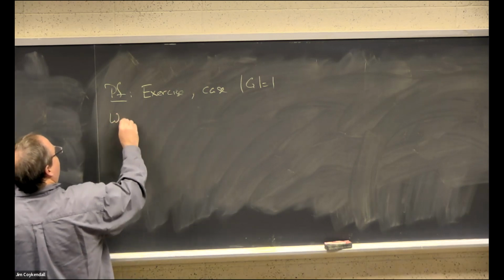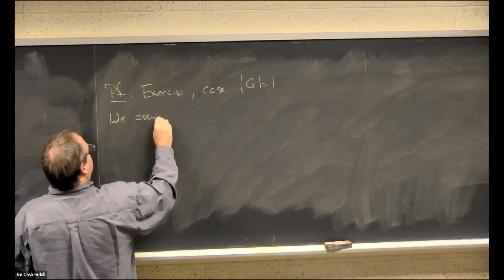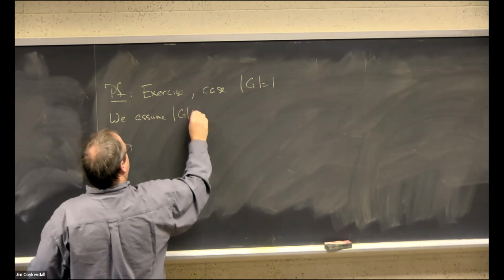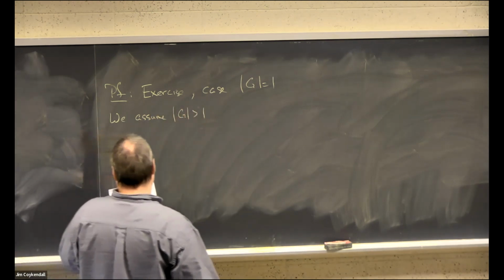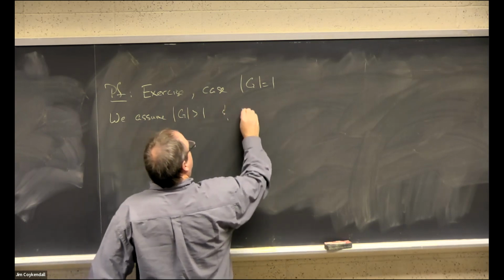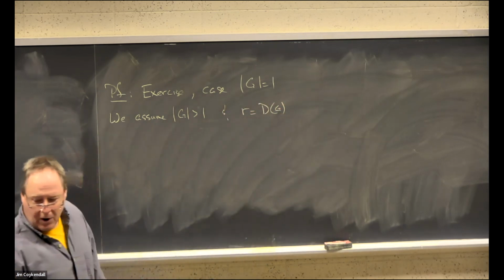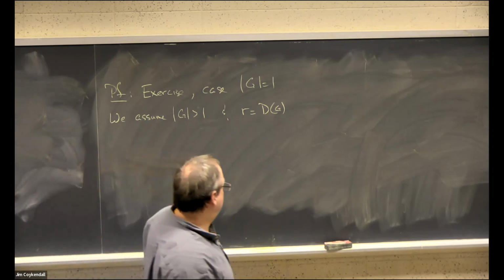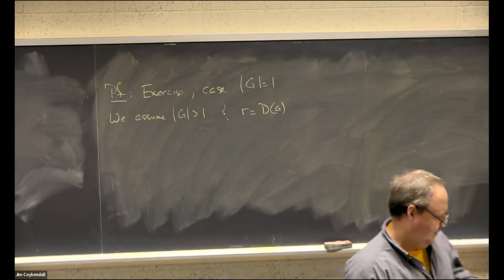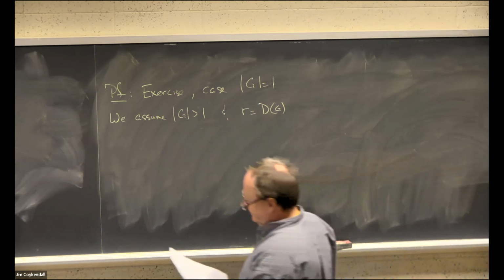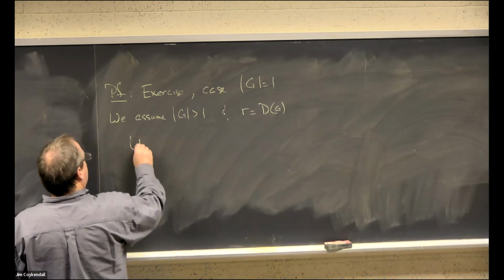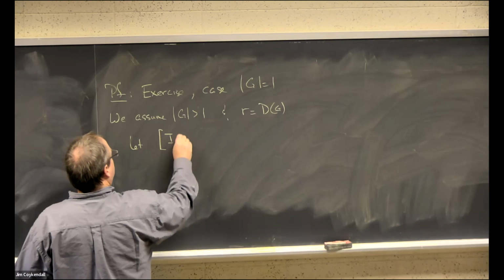So we assume the order of G is bigger than 1, and I'm going to call the Davenport constant of G, I'm going to call it r. So let me work in the class group here.